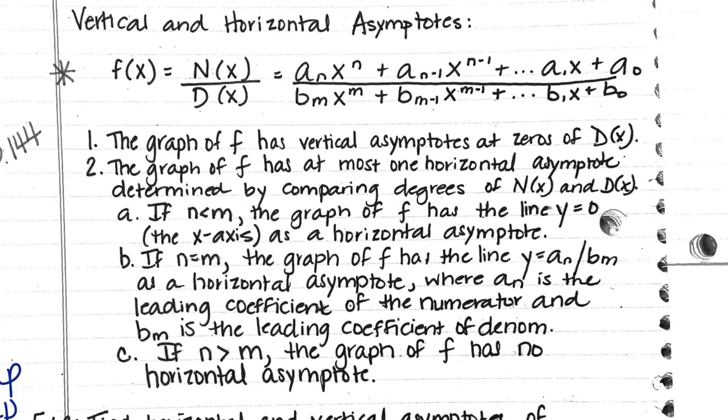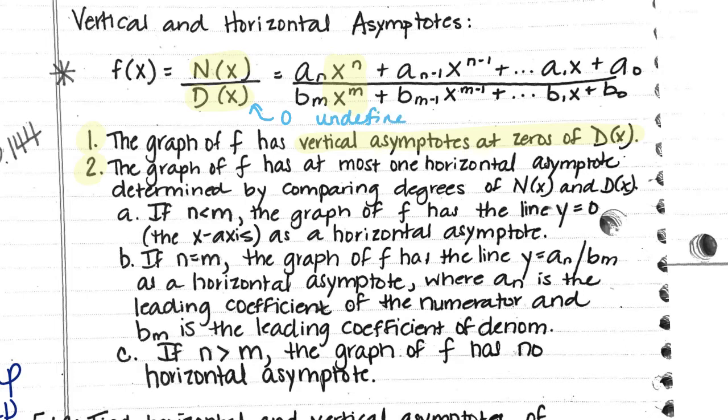All right, so these notes get very confusing, but we have some rules that we do need to know. Notice this is numerator over denominator, and we're really going to focus on this x to the nth and the x to the mth. So it says the graph of f has vertical asymptotes at the zeros of the denominator, which makes sense, because if this is equal to 0, that's where it would be undefined.